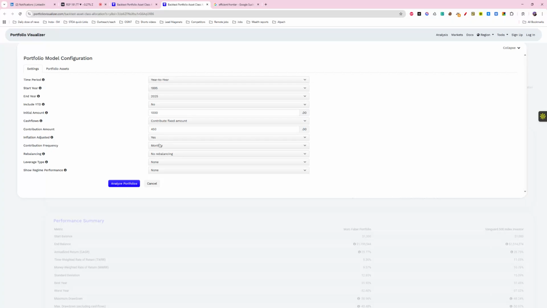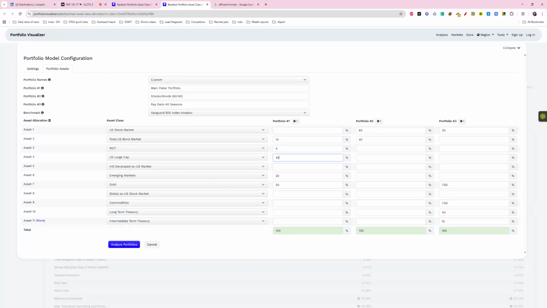And the contribution amount, is it going to be monthly, quarterly, or annually? And rebalancing, is it going to be annually? We want to adjust the weights of our portfolio. We are given these percentages over here, and each time, sometimes assets such as large caps move higher, and you want to take that money and put it into the other assets.